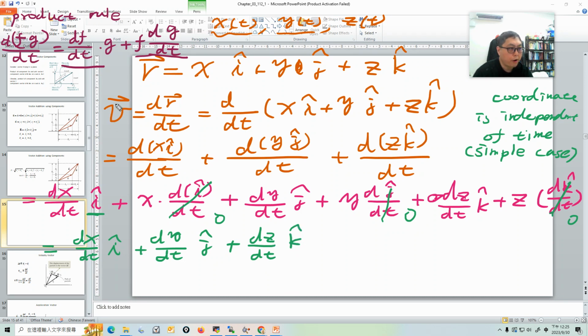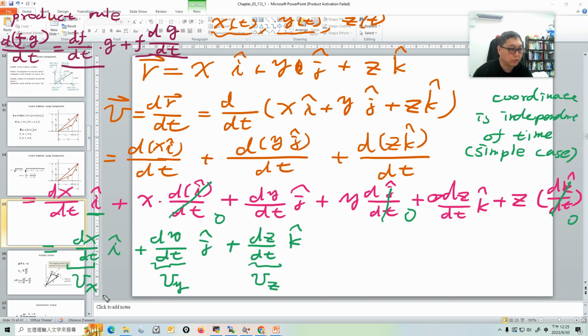So this is the velocity vector. dx/dt is the x component of velocity, dy/dt is the y component of velocity, and dz/dt is the z component of velocity. This equation tells you that you can treat the motion independently.